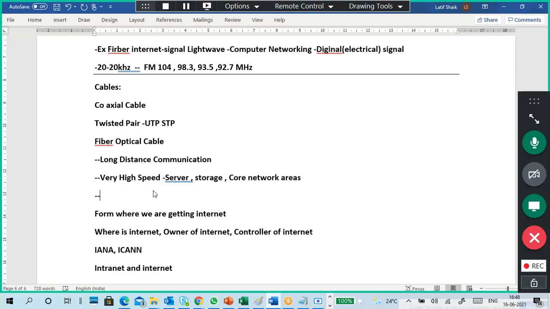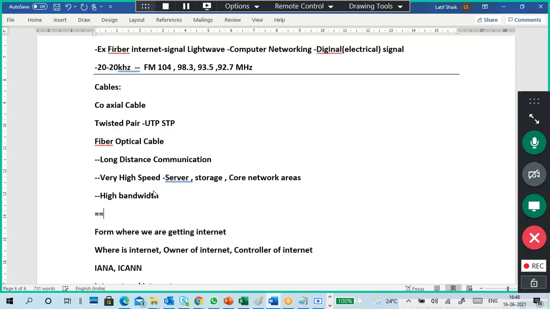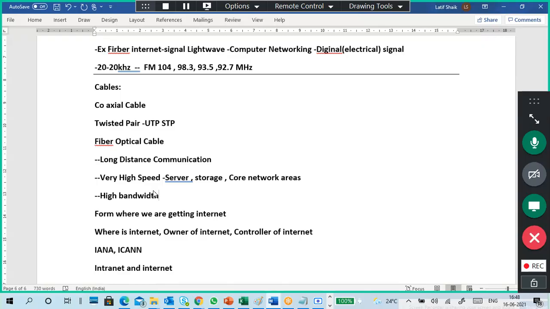Before, we said high bandwidth. What is the basic speed of fiber optical? 10 Gbps.